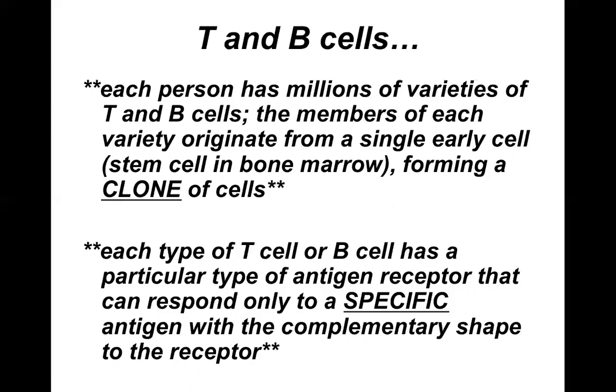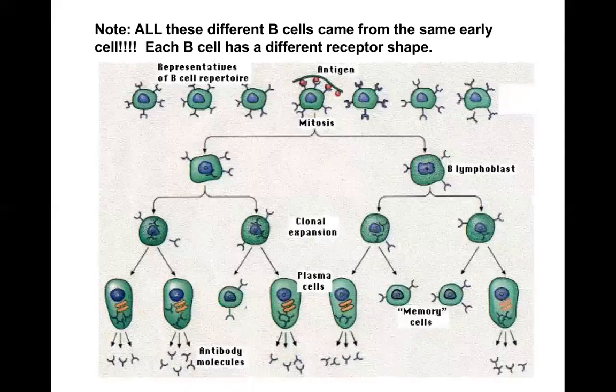And so there's a B and T cell for every potential shape out there of foreign antigen. And then each T and B cell receptor can only respond to that specific foreign antigen that has that complementary shape. So you have the potential to be immune, again, to all sorts of things that exist and don't yet exist out there in terms of pathogens.